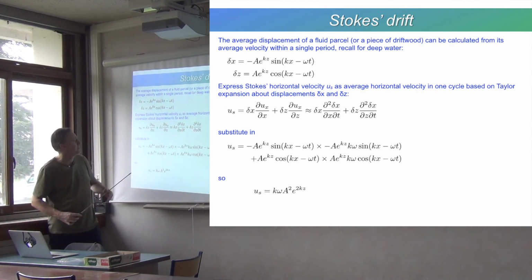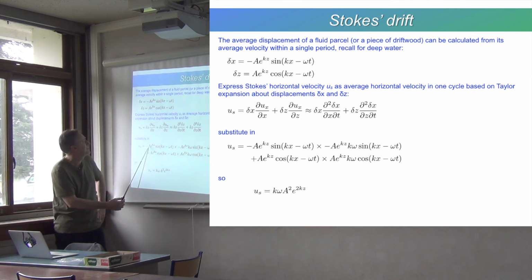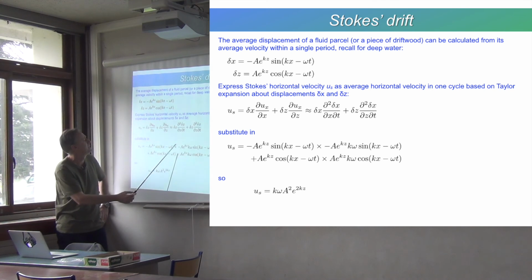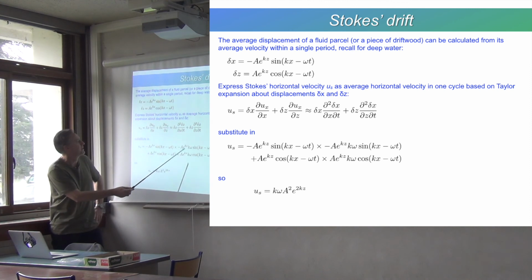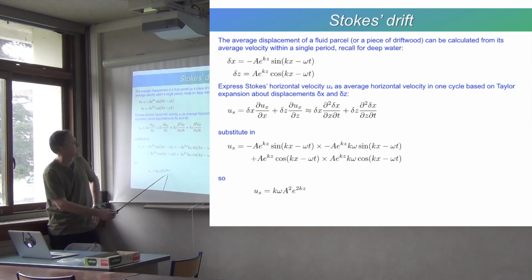What we are left with is two of these expressions: a e to the kz times a e to the kz, that's a squared e to the 2kz, and we've got a k omega in both parts of the expression. So we end up with us equal to k omega a squared e to the 2kz. That is our Stokes drift velocity.